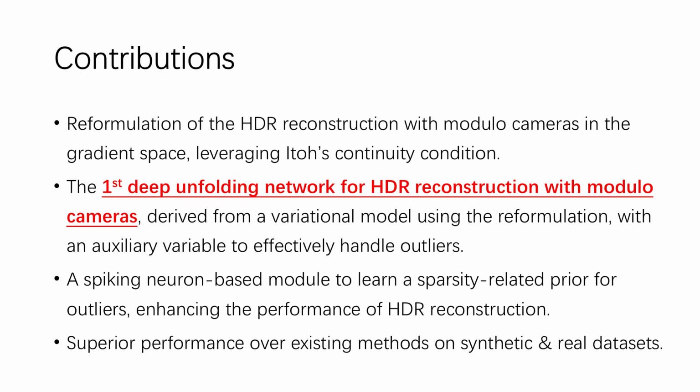We are also the first to develop a deep unfolding network for modulo HDR, which is derived from the variational model based on this reformulation, along with an auxiliary variable to effectively handle outliers. Besides, we introduced a spiking neuron-based module to learn a sparsity-related prior for outliers, enhancing the performance. Our method shows superior performance over existing approaches on both synthetic and real datasets.